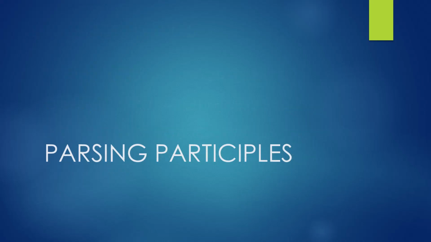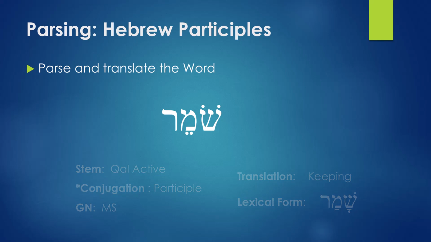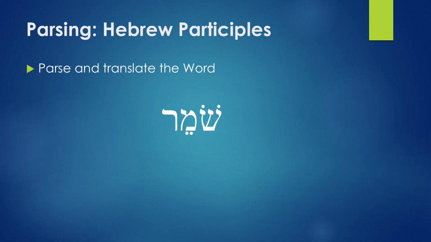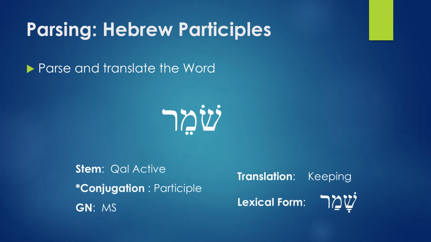Alright, let's look at parsing participles. How do you parse participles? Remember, parsing is giving more information about the word you're given. So let's look at how to parse participles. The first word is shomer. Now notice the form. It has holem sere. That holem sere is telling you the word you're looking at is an active participle, because holem sere is a sign of an active participle.